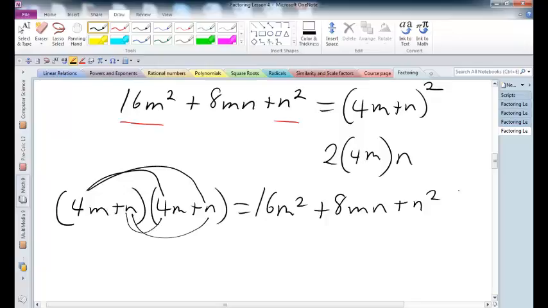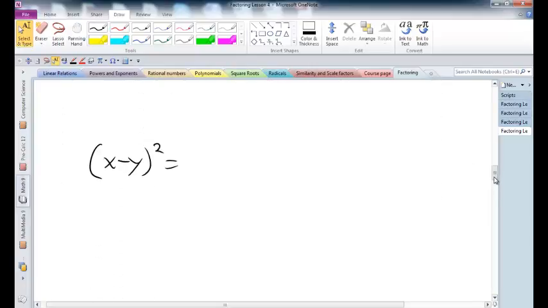Lots of practice with these is the only way to become proficient at factoring them. So ask your math teacher for lots of questions. The next 2 products have very similar patterns. We can see that (x - y) squared equals (x - y) times (x - y).